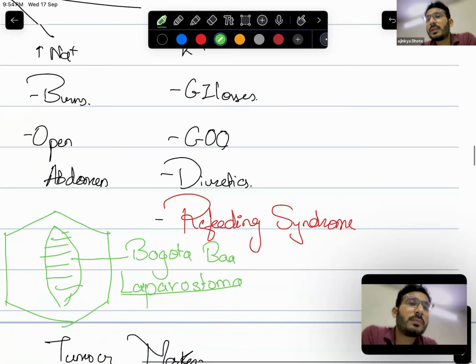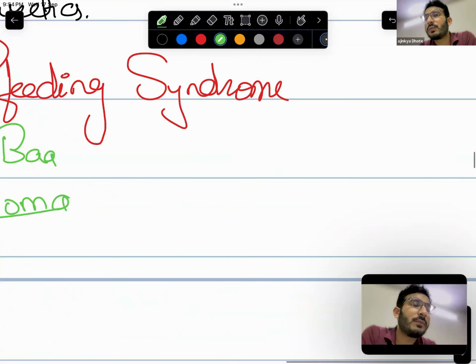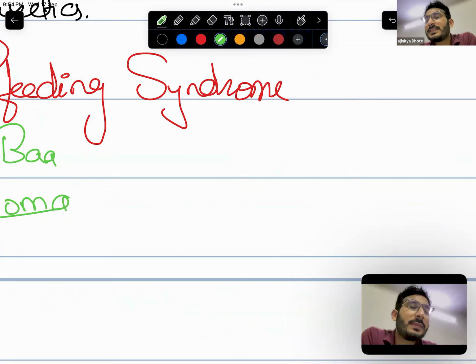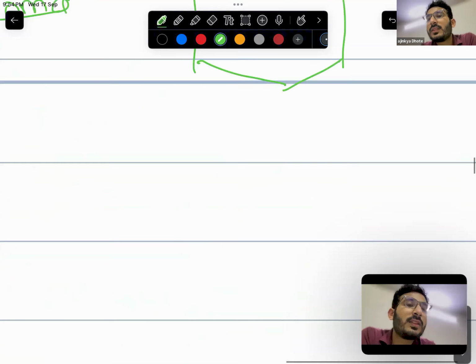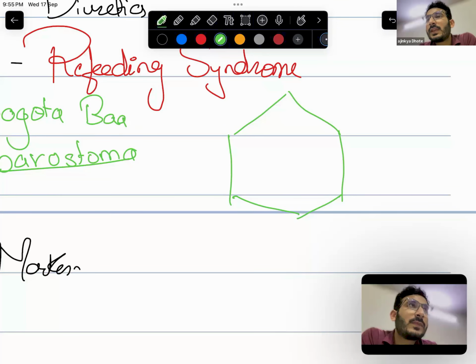Refeeding syndrome. I would like to discuss refeeding syndrome just in case we miss it anywhere. Whenever a patient has been in a state of chronic malnutrition for a very long phase, his cells are depleted of glucose or energy.